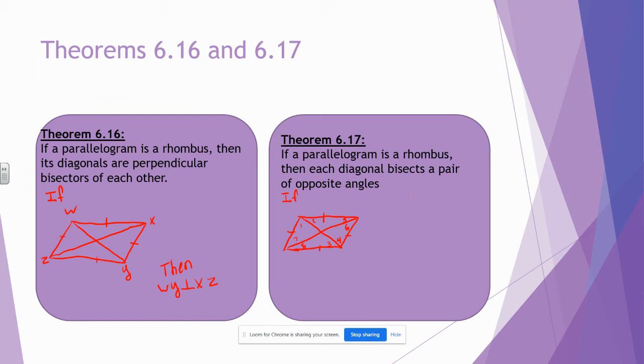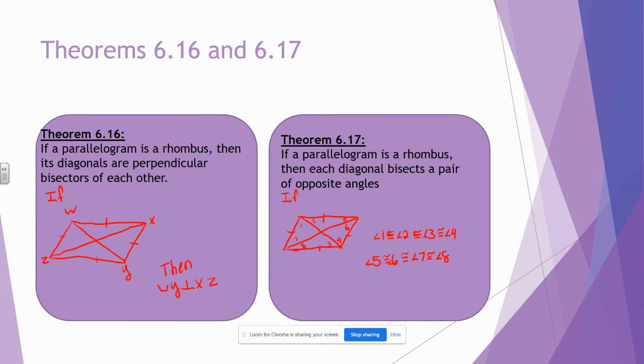So if all four sides are equal here, then angle 1 is congruent to angle 2, which is congruent to angle 3, which is congruent to angle 4. And then 5 is congruent to 6, which is congruent to angle 7, which is congruent to angle 8. So those diagonals bisect the opposite angles.